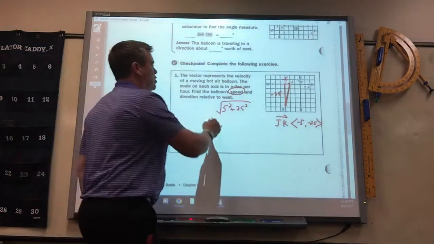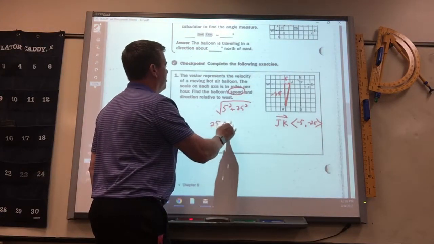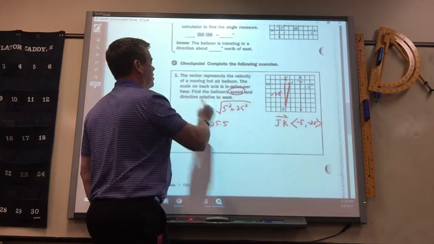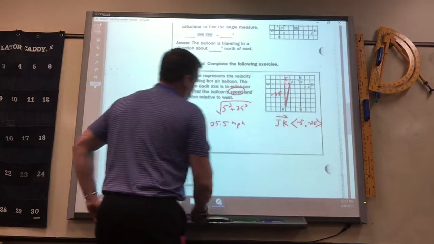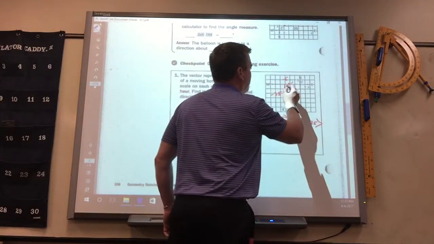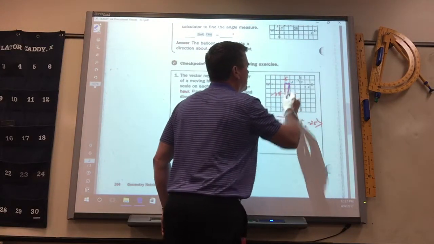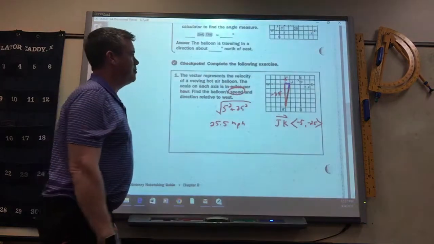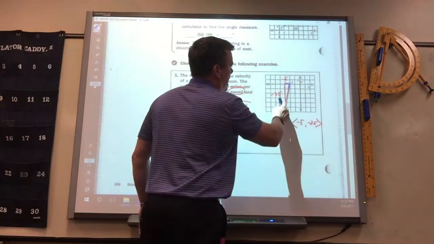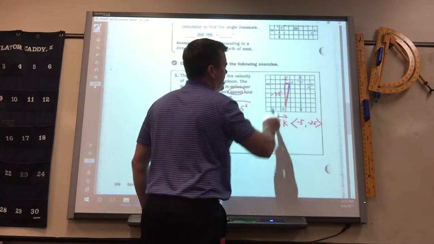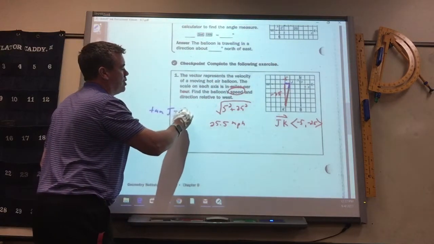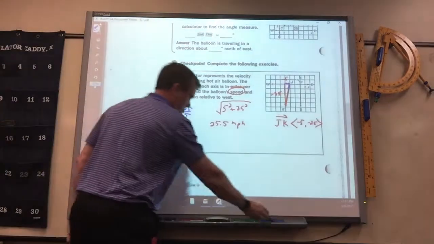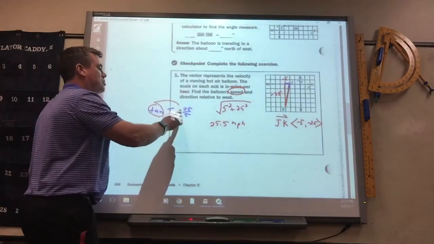25.5. So it's 25.5 miles per hour. And then to find the direction, we got to find the angle formed with the horizon, which is angle J. So opposite of J is 25, adjacent is 5. So the tangent of J is 25 over 5. So you move that over.